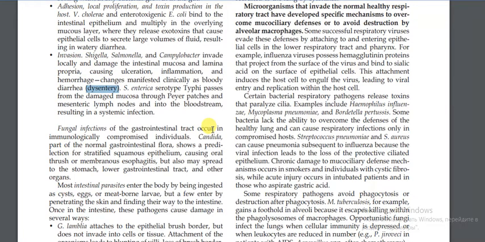But in some cases they can avoid the normal immune response, and they use our immune response for their own needs. So that's a very tricky mechanism. We'll discuss it also very soon, in the rest of the topic.